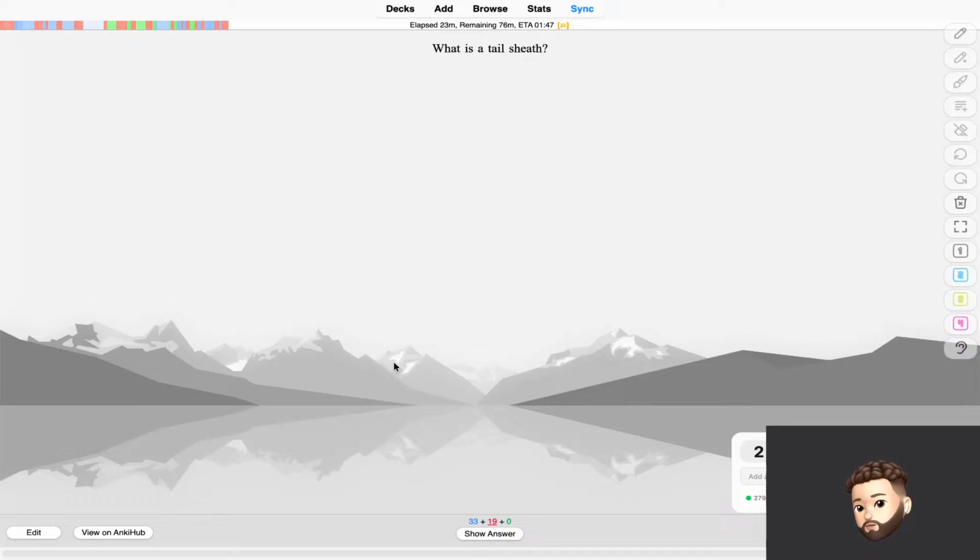What is a tail sheath? It can act kind of as a syringe. It's like the long, thin part of the virus. See, that's why I'm saying I'm actually having fun now.